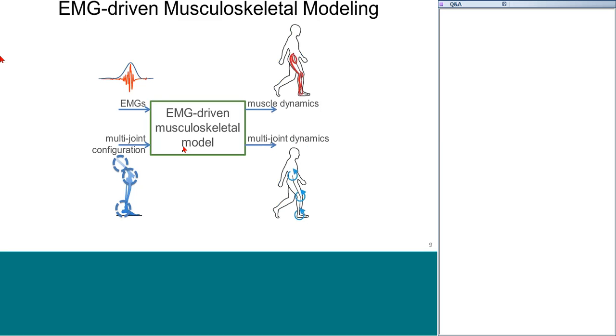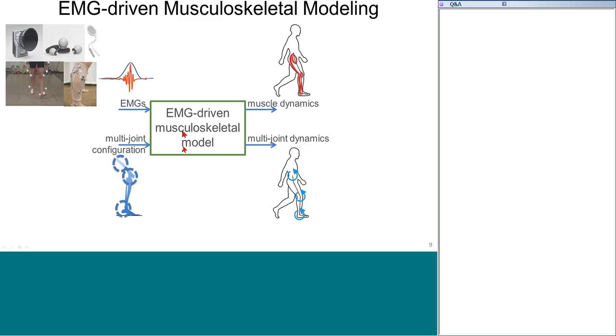So as we can see, the model requires input data reflecting the human movement. In our studies, these data were recorded using a gait laboratory. We used surface electrodes which we placed on the major muscles in the lower extremity, and we placed retroreflective markers on the subject and recorded the three-dimensional positions of these markers using multiple cameras surrounding the subject's movement.